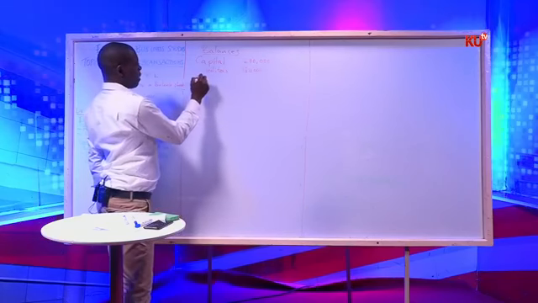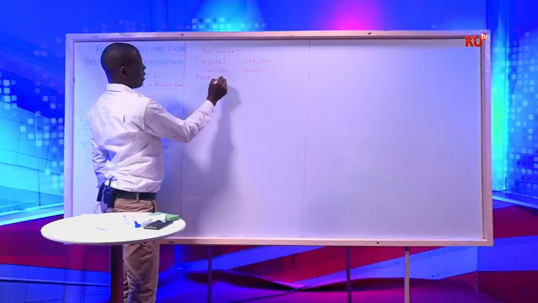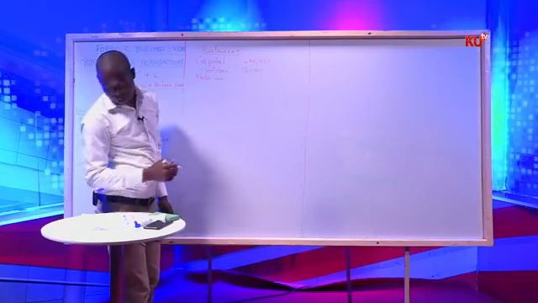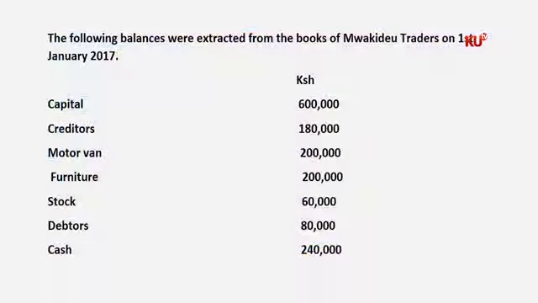Then we have motor van, which is worth 200,000, furniture worth 200,000, and then we have stock 60,000, debtors 80,000.